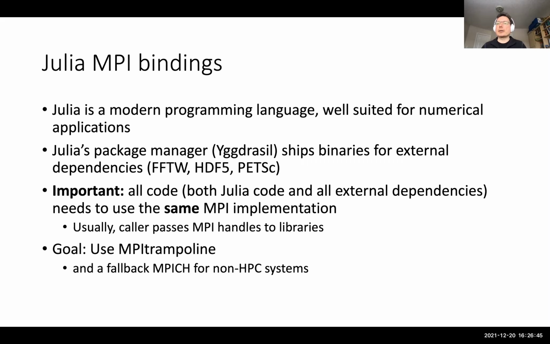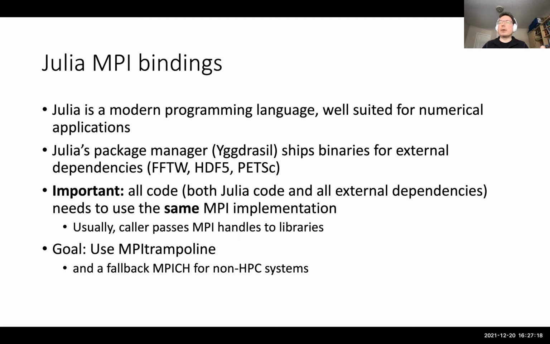The communicator essentially describes how processes talk to each other and how the data are laid out across the memory of the HPC nodes. You need to obviously use the same MPI implementation because that communicates an opaque object, pointing to some state that the MPI library maintains. That is, if you build FFTW against some binary MPICH, and then at runtime, the Julia MPI would use the system MPI, then that would not work. That would give seg faults.